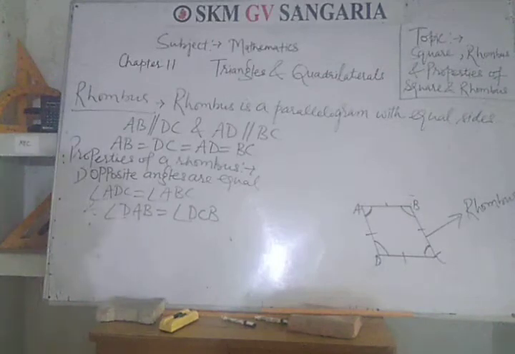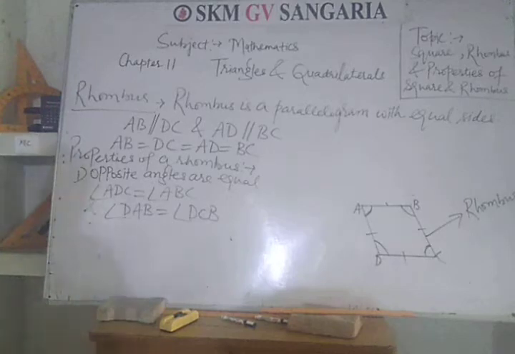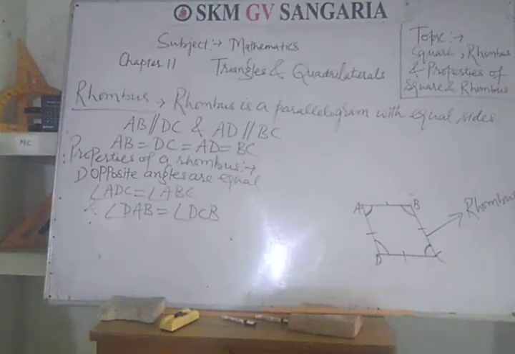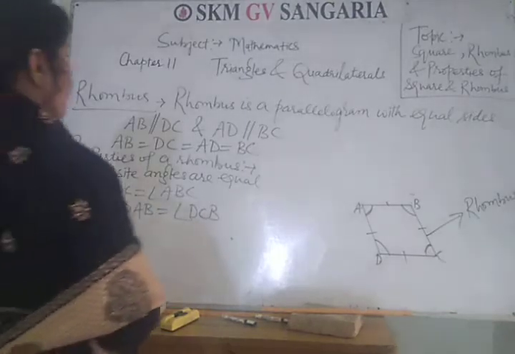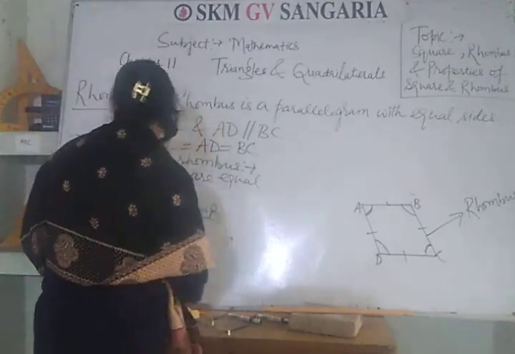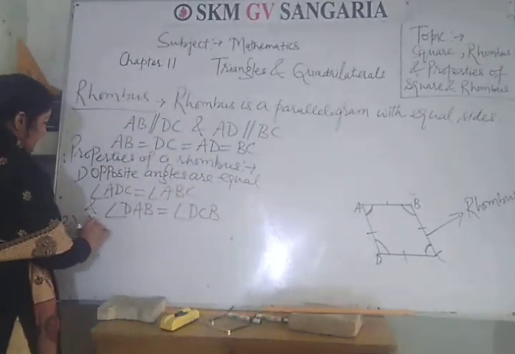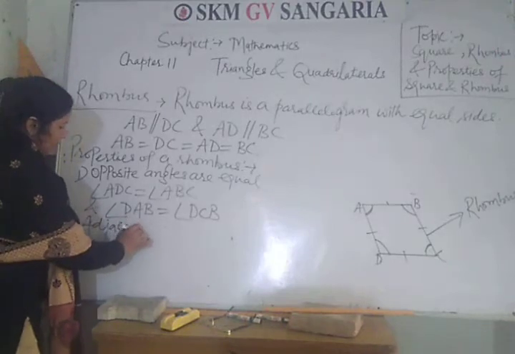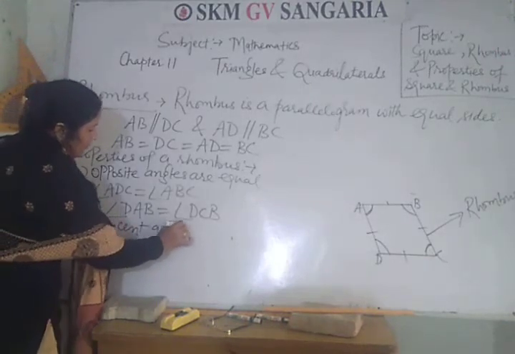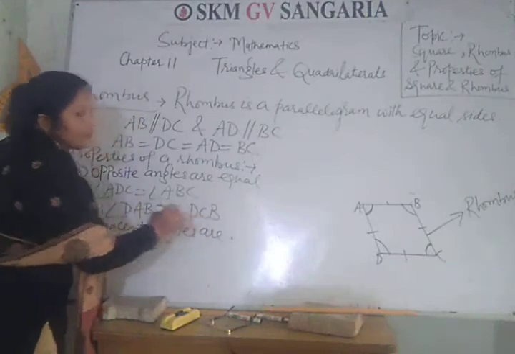Then adjacent angles are supplementary, that is, they add up to 180 degrees. Second property: adjacent angles are supplementary.